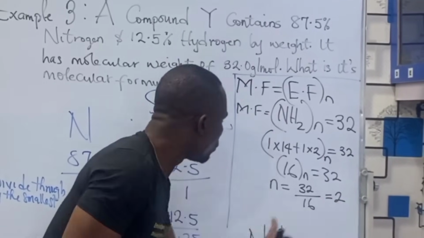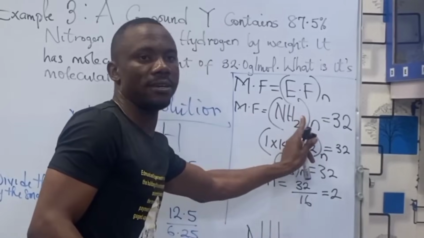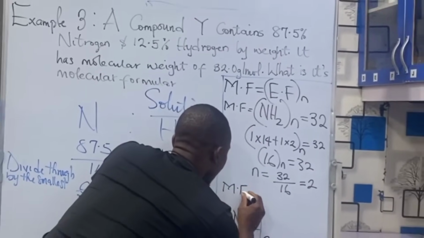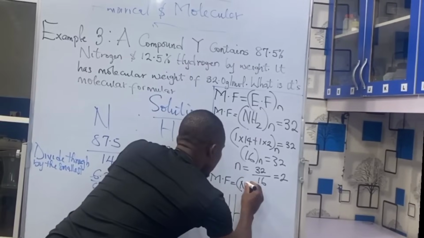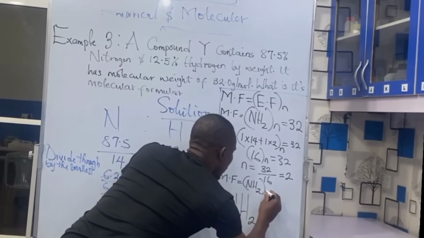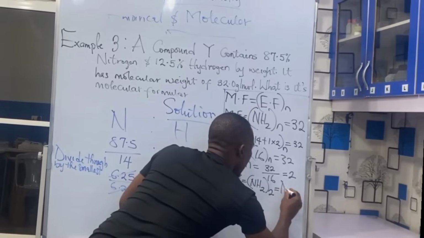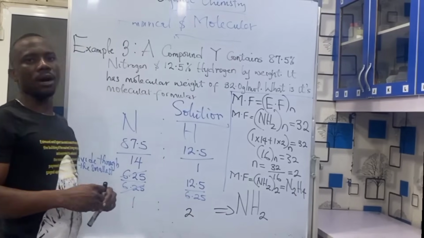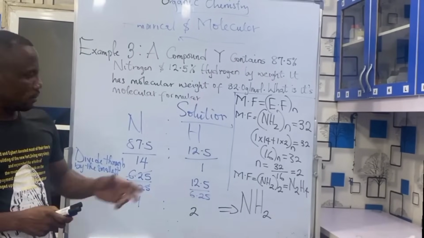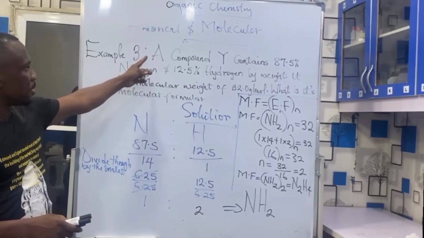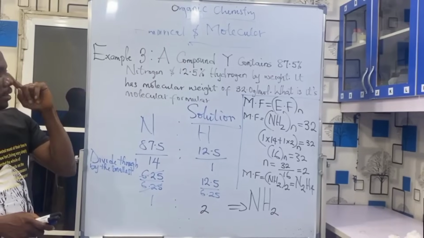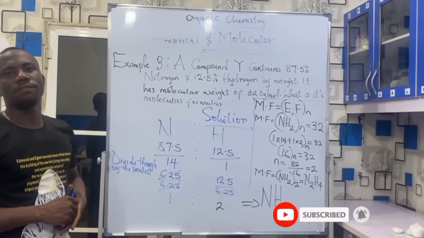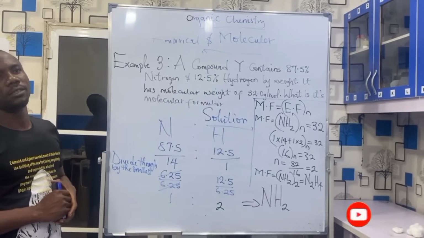So fixing that here will give us that M.F will be equal to NH2 bracket 2, equals N2H4, as our molecular formula of the same compound Y that contained 87.5% nitrogen and of course 12.5% hydrogen.